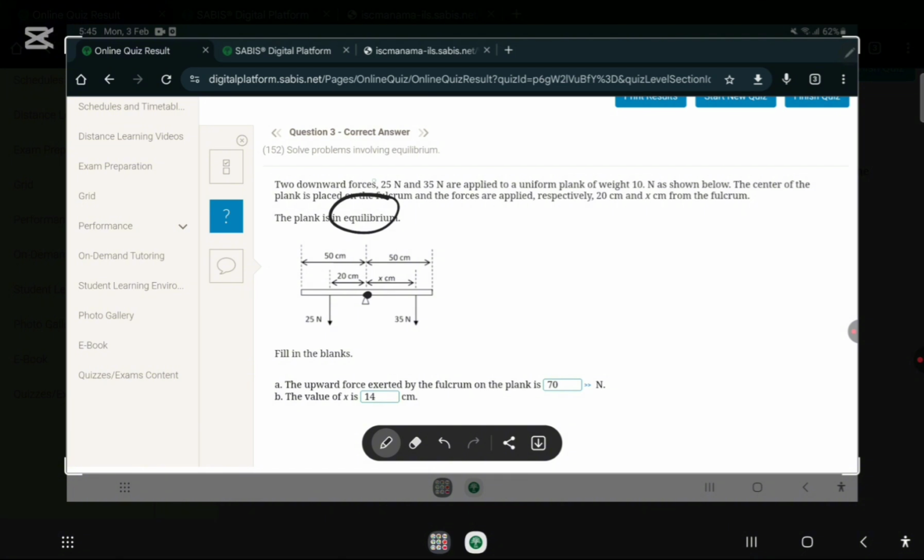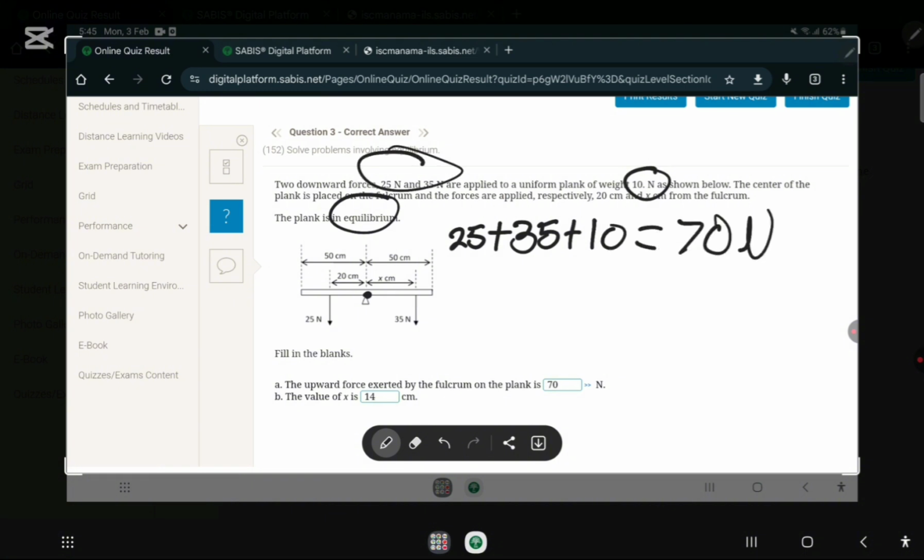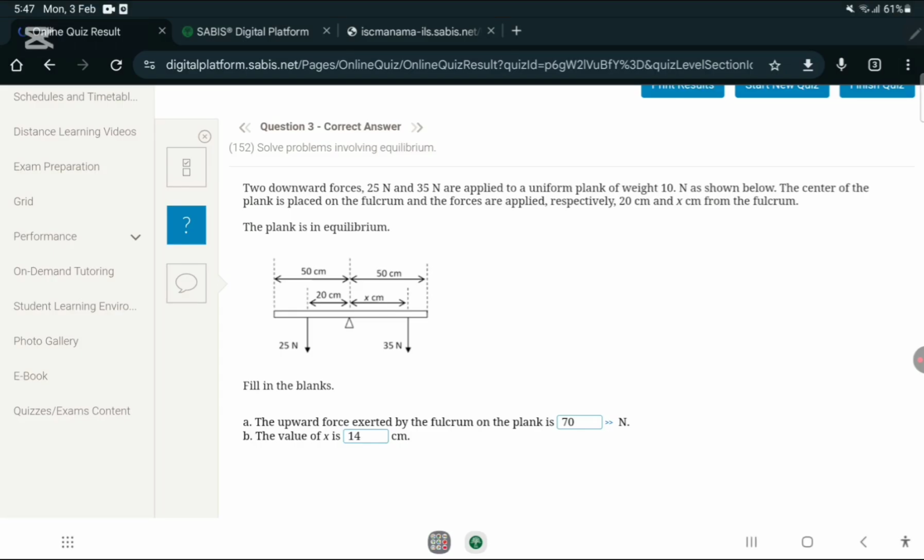So 25 plus 35 plus 10, as you can see here, equals 70 newtons. That's it. They ask for significant figures, so you put 70. with a point, because zeros don't count unless you put a point. Okay? On to the next.